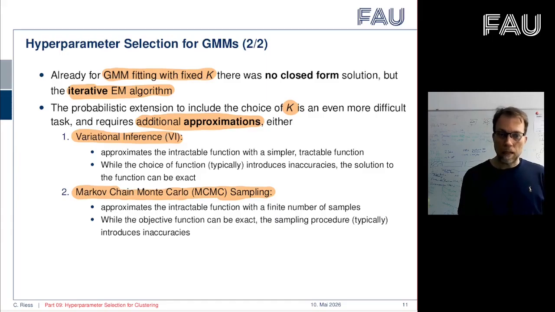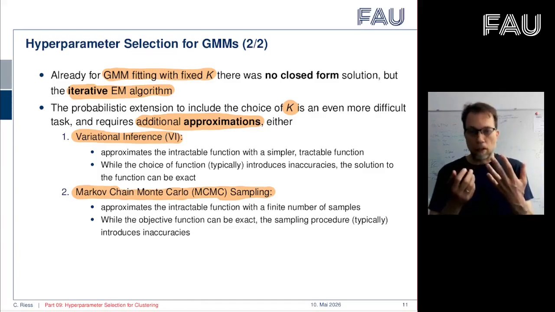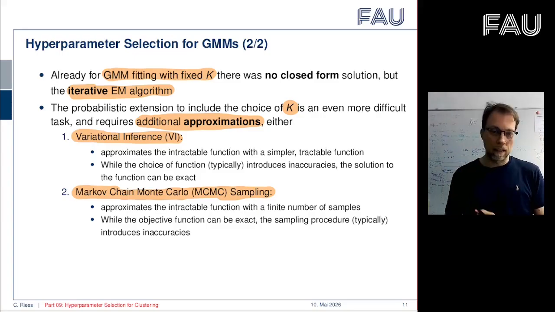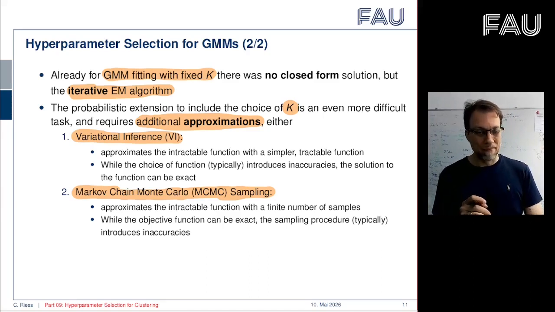While the objective function can be exact for the case of Markov chain Monte Carlo sampling, the sampling procedure typically introduces inaccuracies. So both solutions are approximate solutions, but they approach it from different directions. And I think that's a really interesting situation that we have here.